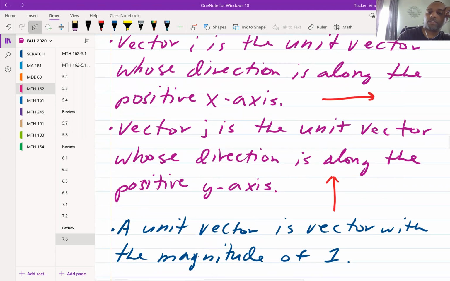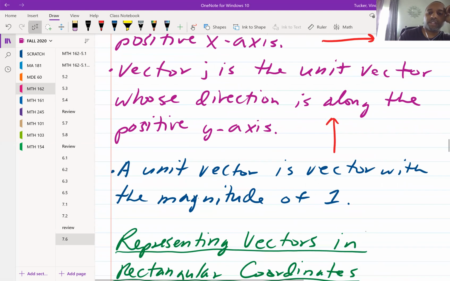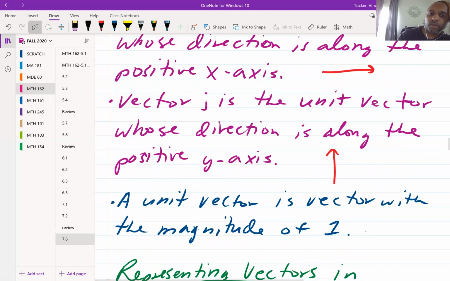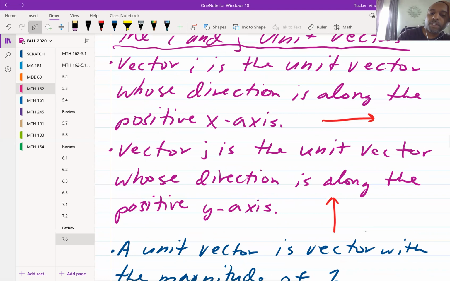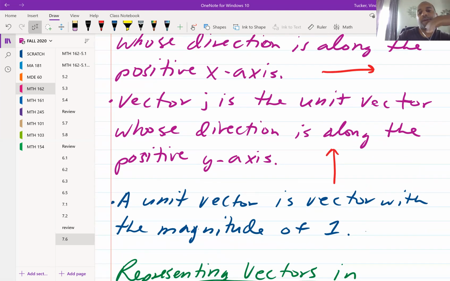A unit vector is a vector with a magnitude of 1. We mentioned unit vectors up here, the i and j unit vectors.